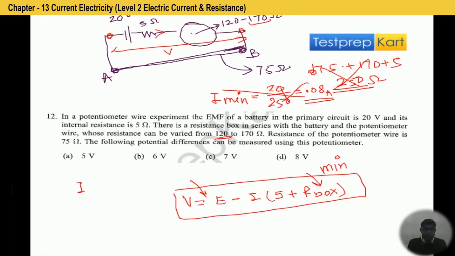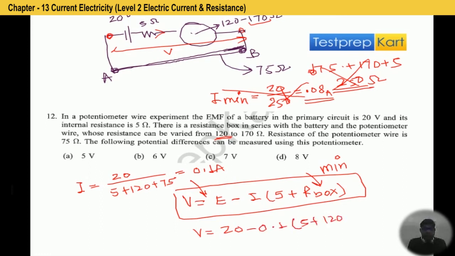Current is EMF divided by total resistance, that is resistance of cell plus box plus wire, so we get 0.1 ampere. Then the potential developed across wire AB is 20 minus 0.1 into 5 plus 120. So this is 20 minus 12.5, that is 7.5 volt.